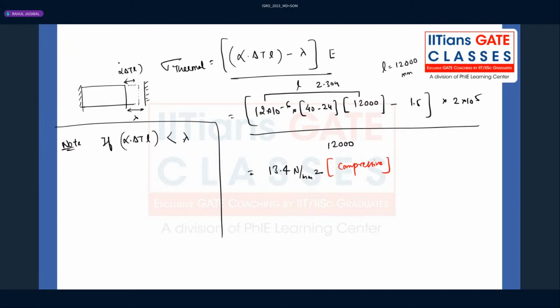Then why will the support offer any reaction force when it is not disturbed? No reaction force, no thermal stress. So always check whether alpha into delta T into L is more than lambda or not. Even if it is just equal, the thermal stress will be 0.